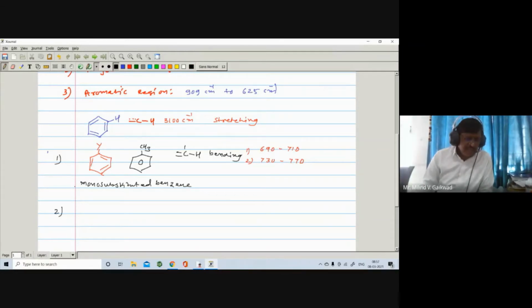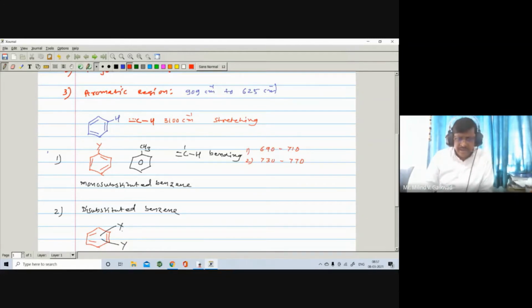The next is the disubstituted benzene. In a disubstituted benzene, suppose there is a benzene nucleus with two groups, one X and the other Y. X and Y may be the same or different.